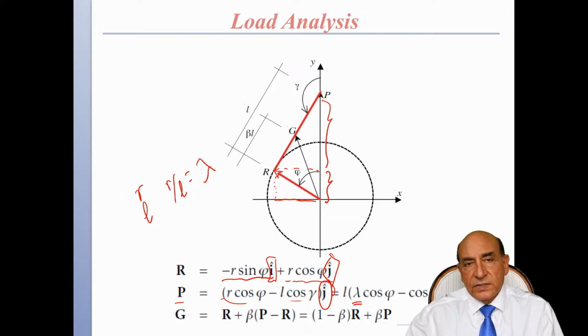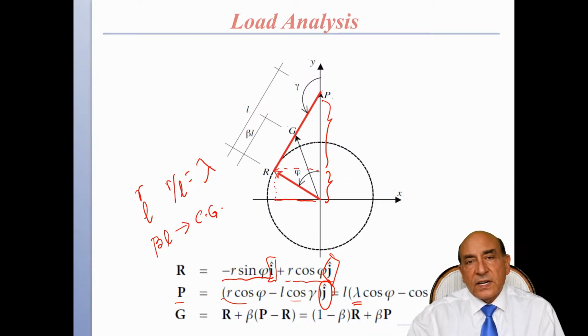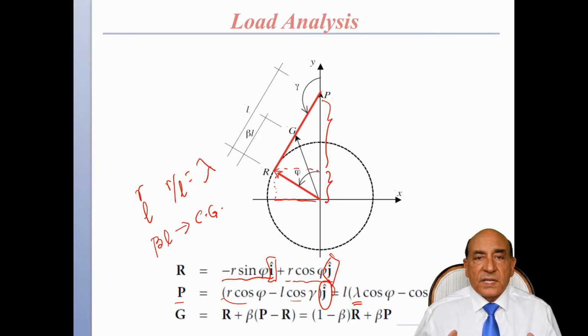So it depends on your design. And now the connecting rod itself has another ratio beta, such that beta times L determines the CG of the connecting rod, the center of gravity of the connecting rod. When you do the 3D model and you create it in SolidWorks, it gives you the geometric properties, including the center of gravity.